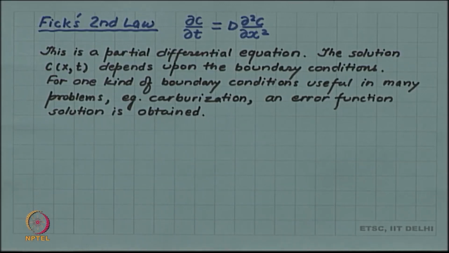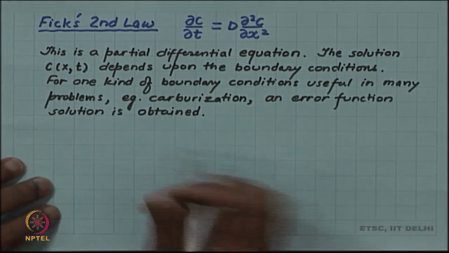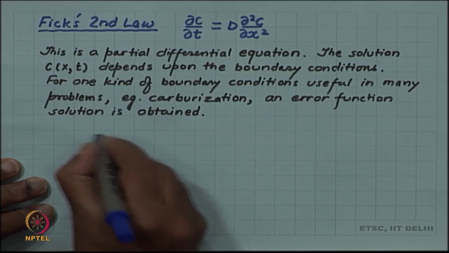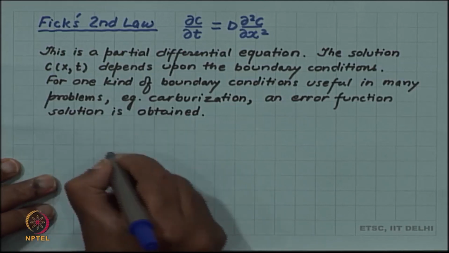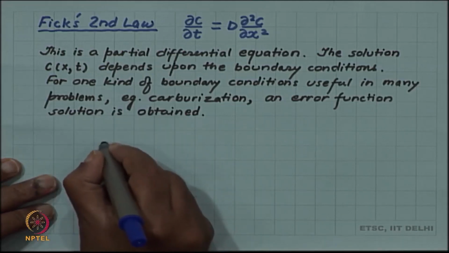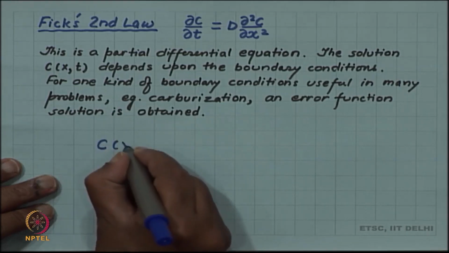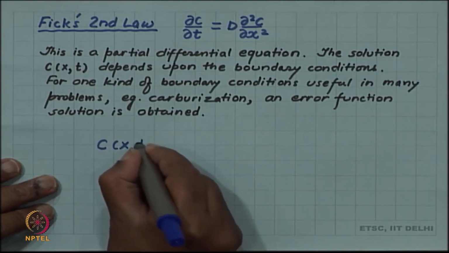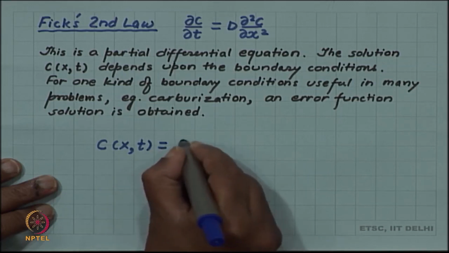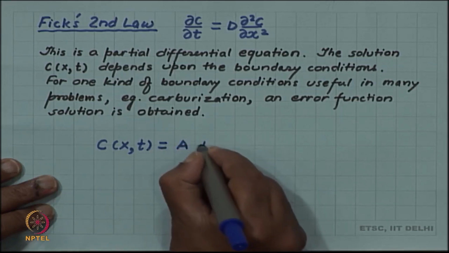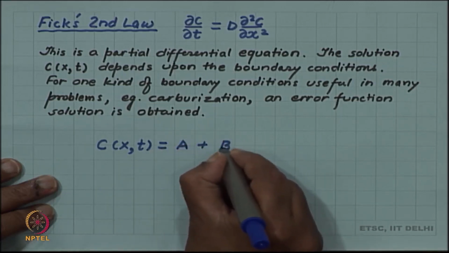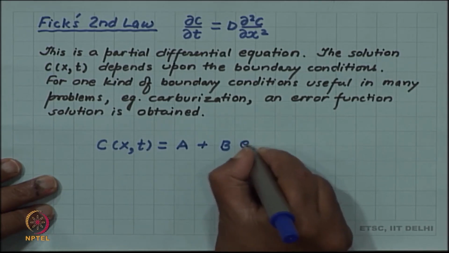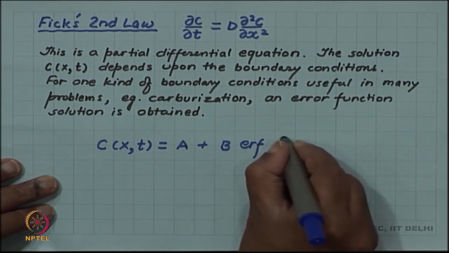What do we mean by the error function solution? The solution can be written as C(x, t) equals A plus B times the error function.